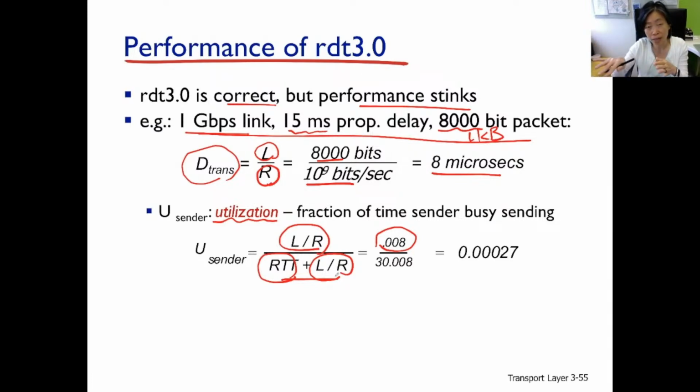Here I'm ignoring the ACK packet transmission time because the ACK packet is usually very small. So that's one round trip time plus packet transmission time, 30.008 milliseconds. So overall utilization on this link is very, very low, 0.00027, too many zeros.